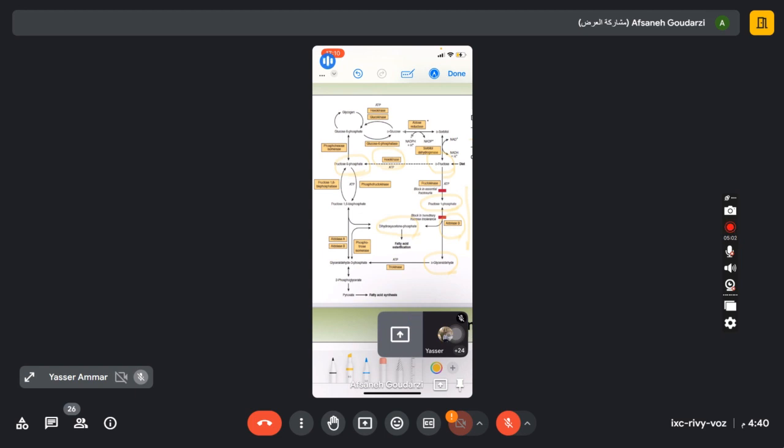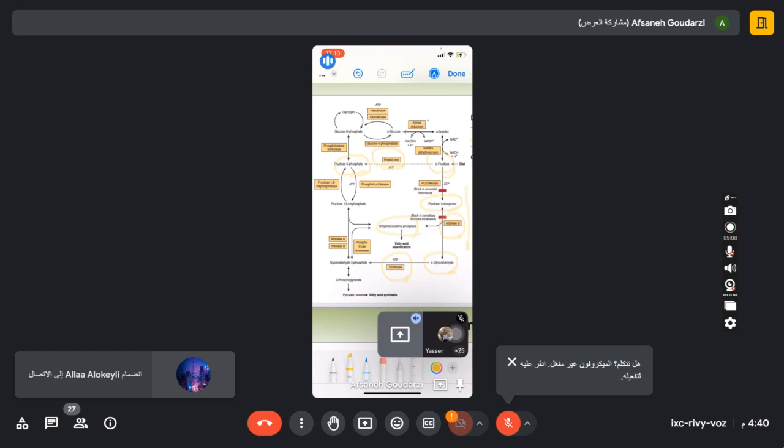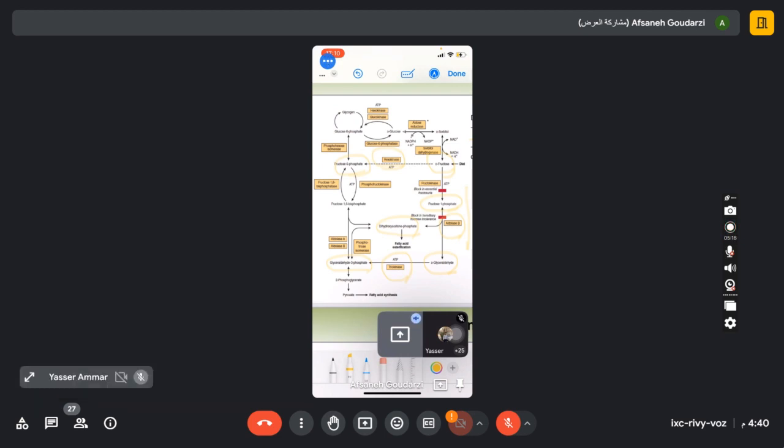The glyceraldehyde by ATP and triokinase changes to glyceraldehyde 3-phosphate. Okay. How about dihydroxyacetone phosphate? Either it is used for fatty acid esterification, I will explain it later, what does it mean, or it is changed to glycerol 3-phosphate as well.